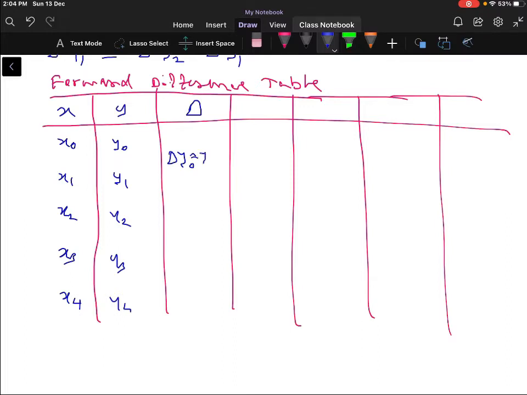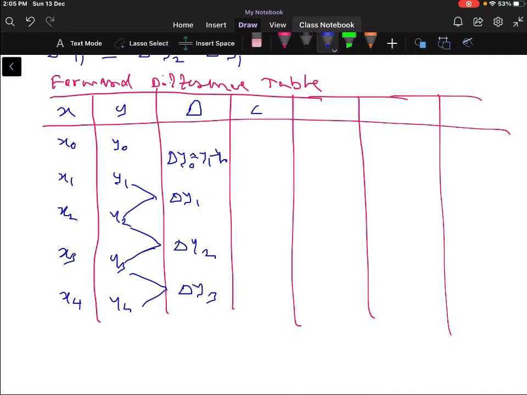I can define y1 minus y0. y2 minus y1 is delta y1. y3 minus y2 is delta y2. y4 minus y3 is delta y3. So these are the first forward differences.